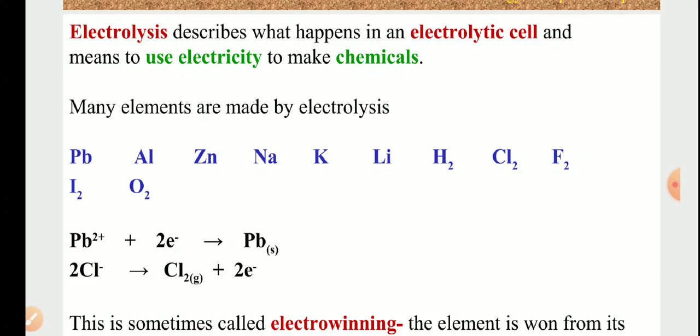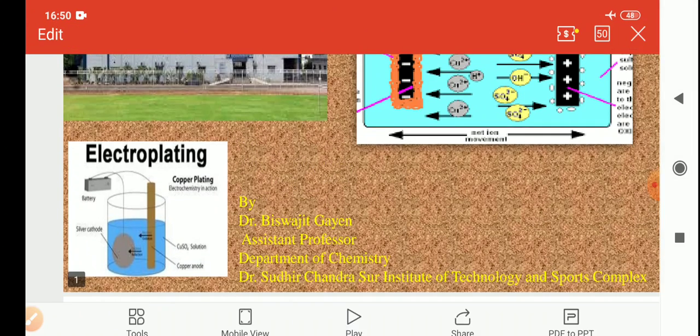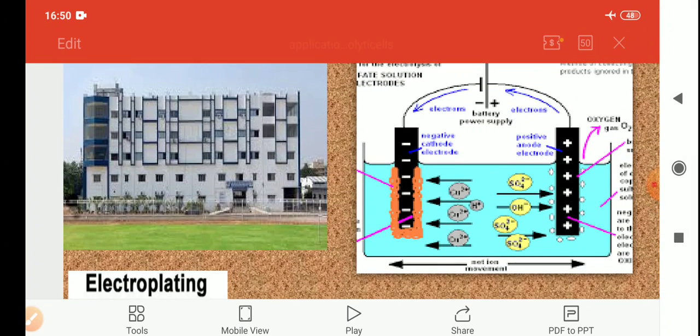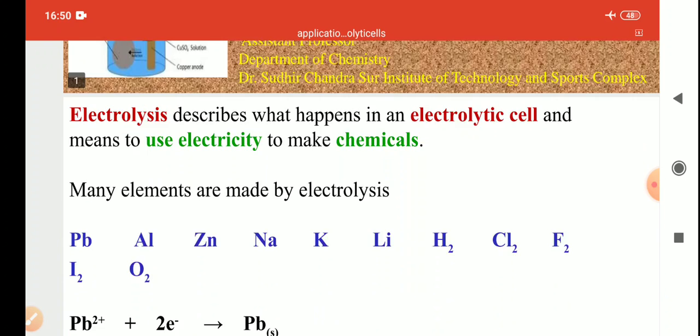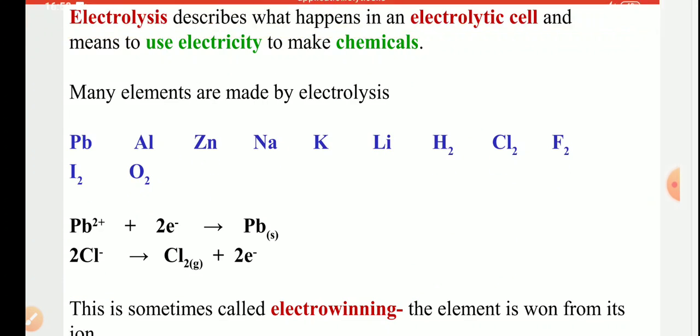Examples are lead, aluminum, zinc, sodium, potassium, lithium, and non-metals like hydrogen, chlorine, oxygen. I have just said that here at the anode you can produce oxygen. So yes, oxygen can be obtained by electrolysis, and it is 100% pure.